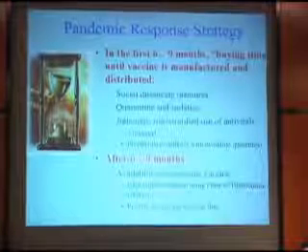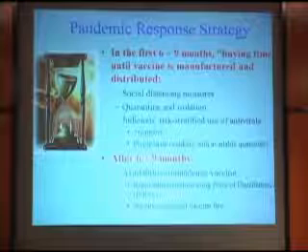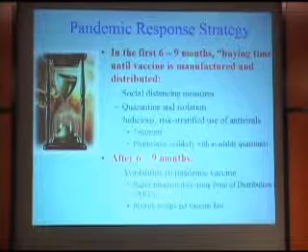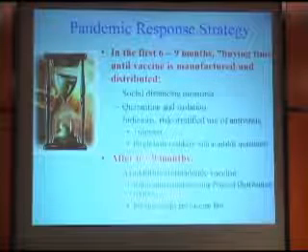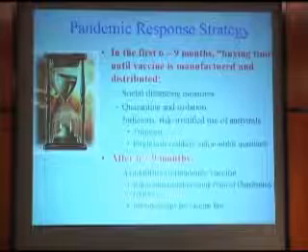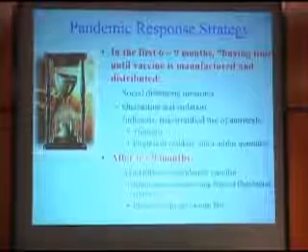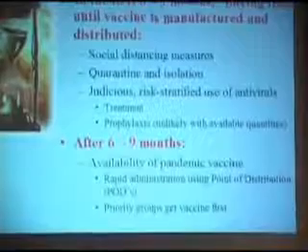So what is our strategy for the pandemic? Well, we're not going to have vaccine for at least the first 6 to 9 months. So that's where we're going to be buying time. So public messaging about social distancing, hygiene, and restriction of close contact, quarantine and isolation is needed, and judicious use of antivirals.